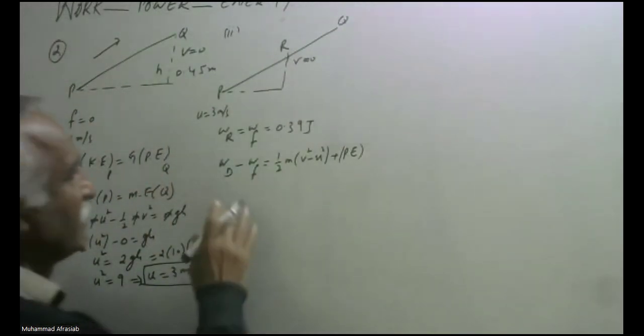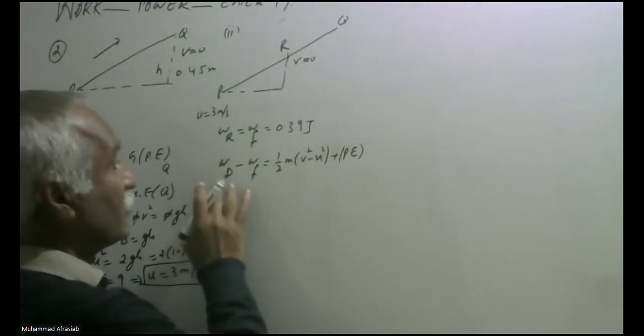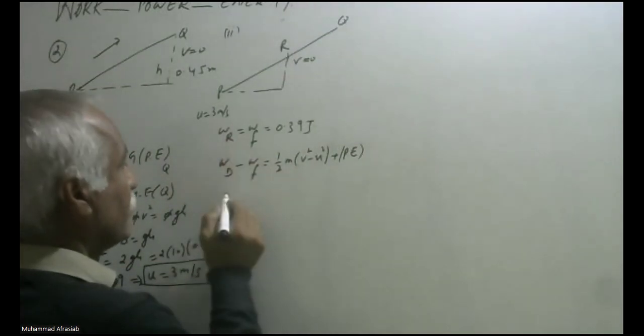But because there is no driving force applied on this particle, it should be equal to 0, minus work done by the frictional force, which is 0.39 joules. So that is 0.39 is equal to half m, which is 0.3, into v square, 0.3 minus 9.